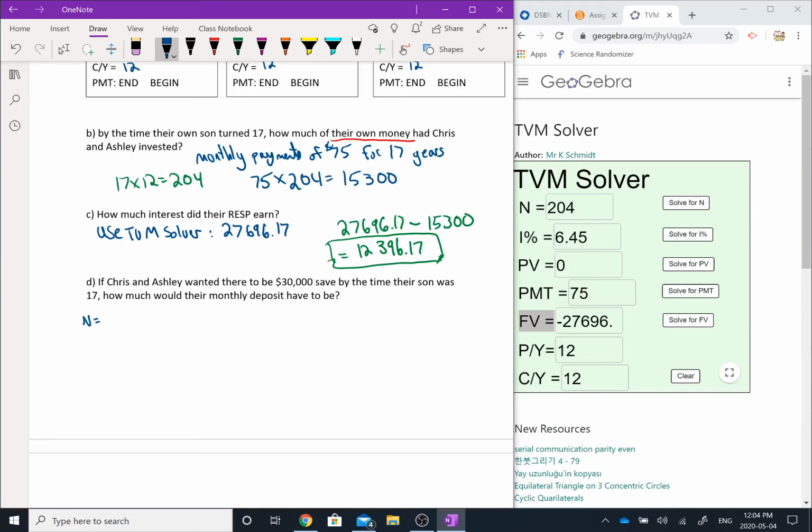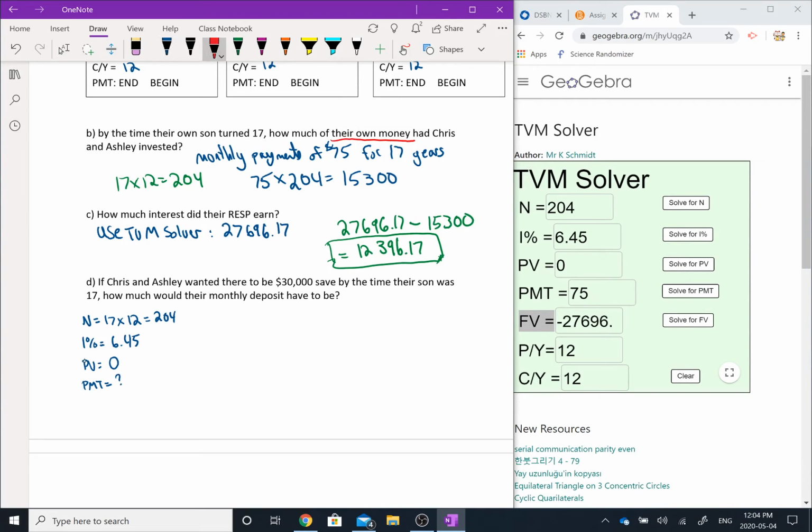Again, our N, because it's 17 years, is 17 times 12, which gives us 204. Our I percent is still 6.45. Our present value is still 0 because we would start with 0. Our PMT, we don't know because that's what the question is asking us to find.